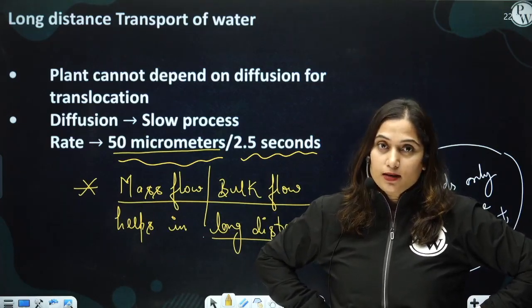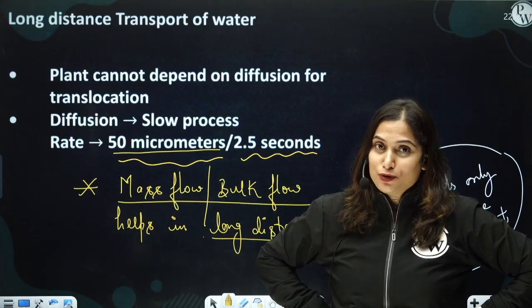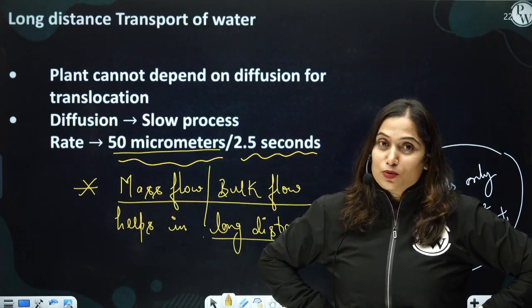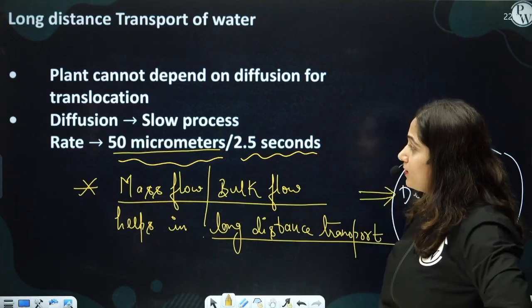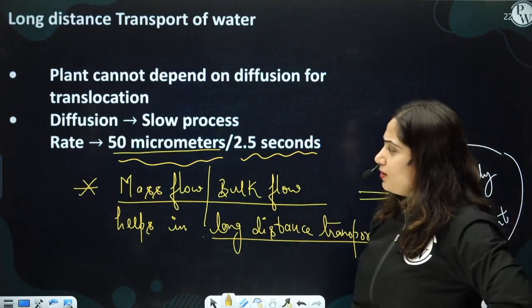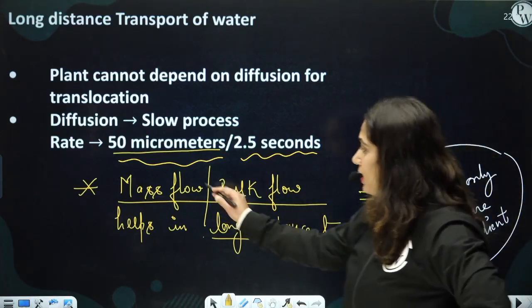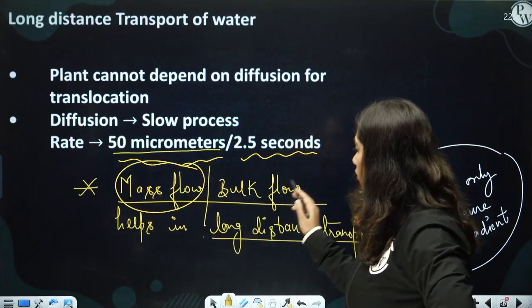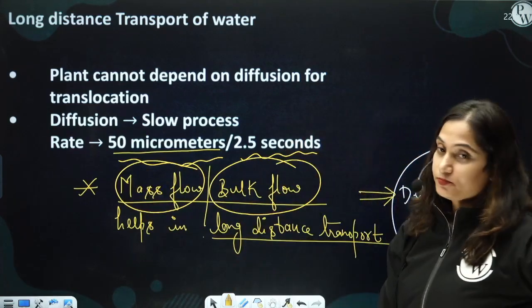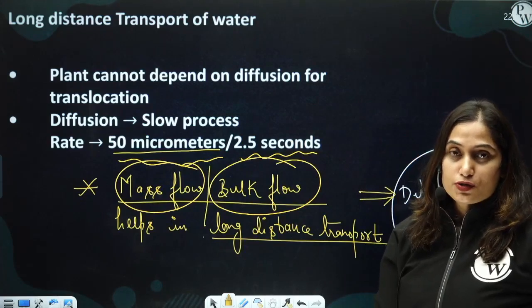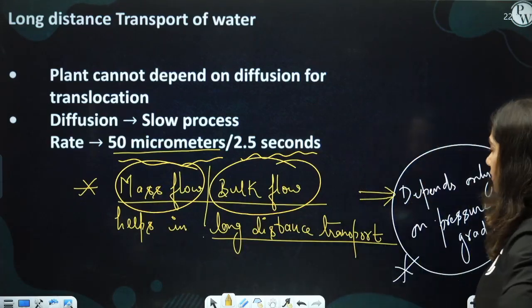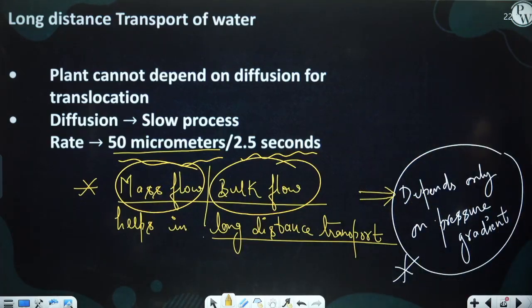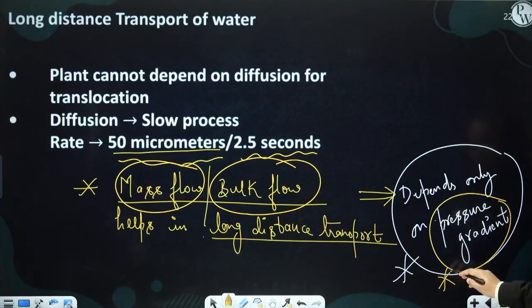So a plant cannot depend upon diffusion for long distance transport. So here a very important concept comes into the picture, and that is mass flow or bulk flow. For long distance transport, we talk about mass flow, and this mass flow depends on pressure gradient.